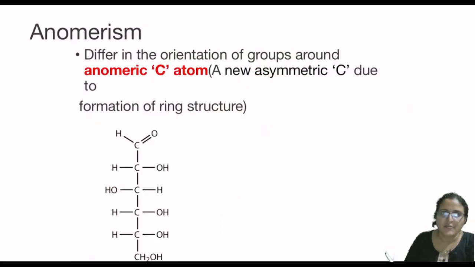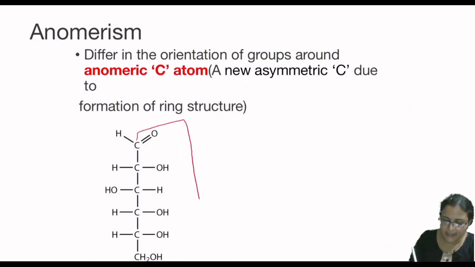Now coming to anomerism, there is a difference in the orientation of groups around the anomeric carbon atom. That is a new asymmetric carbon atom due to the formation of a ring structure. So how is a new asymmetric carbon atom formed? I have said already, this aldehyde can react with, say, the C5 hydroxyl group. What will happen?